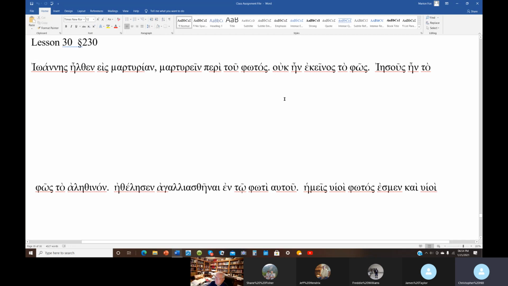Okay, thank you. Marturein para tou photos. Very good. Good reading. To witness concerning the light. Very good. Good translation. I would agree. So marturein is what part of speech? You translated correctly. Infinitive. It's what tense infinitive?